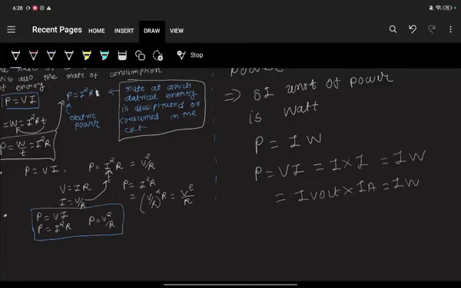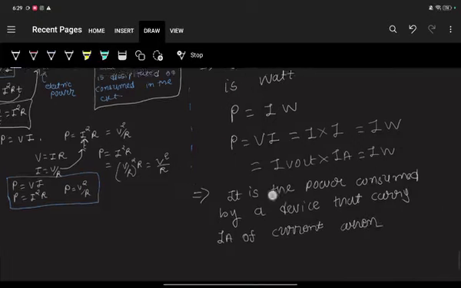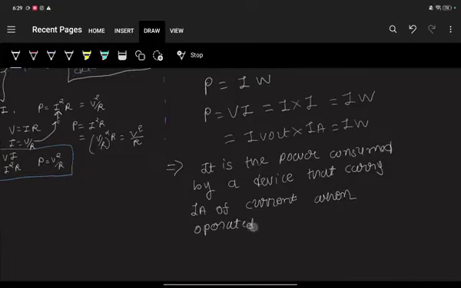So for this we can write the statement. It is the power consumed by a device that carries 1 ampere of current when operated at a potential difference of 1 volt.